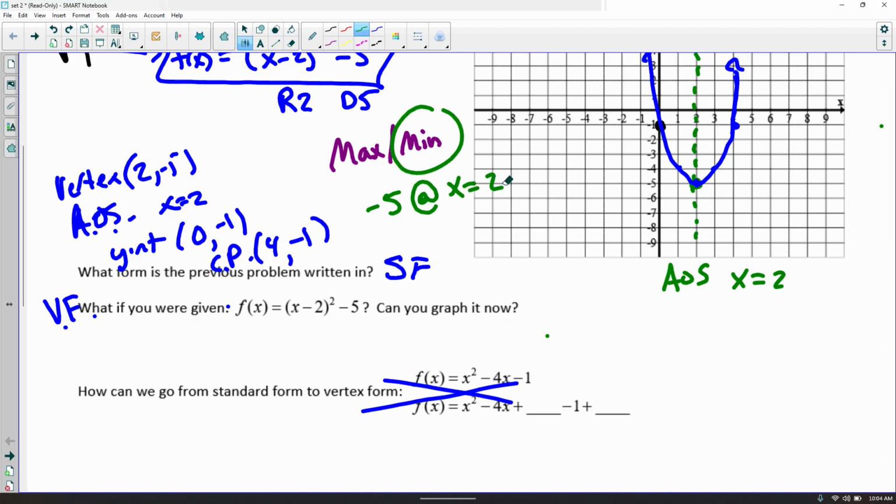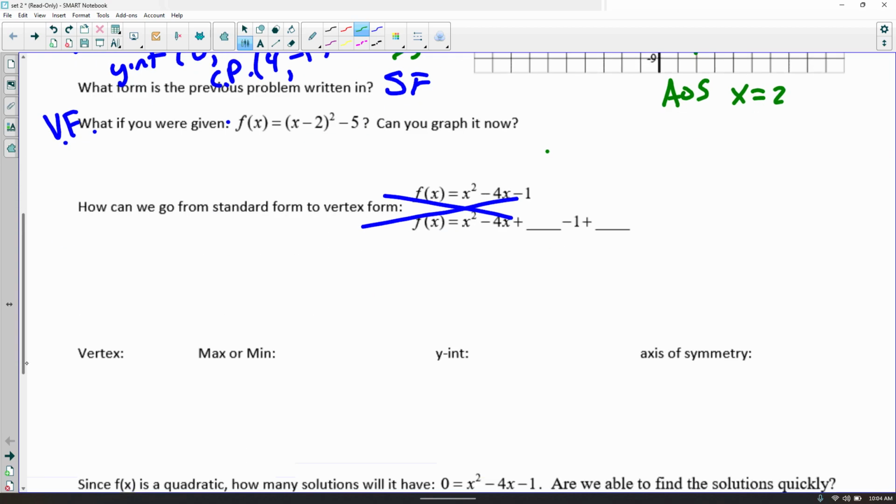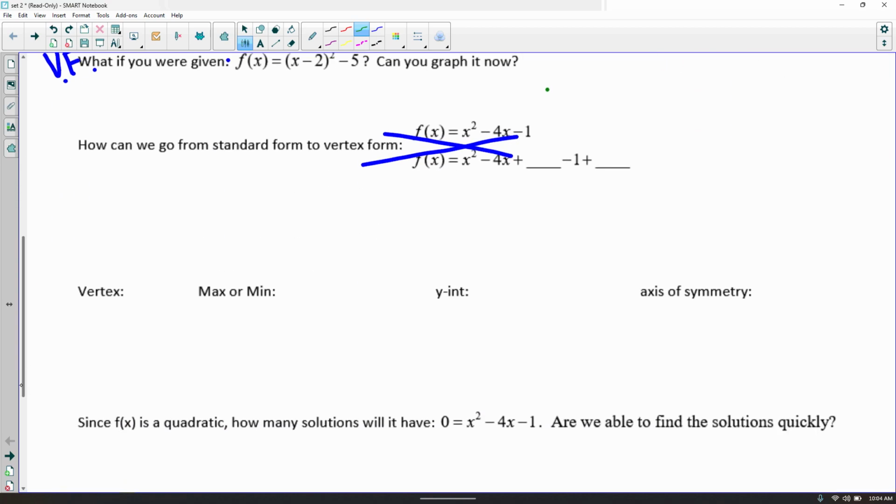So -5 at x equals 2. You can also say -5 on x equals 2, the axis of symmetry, if you don't want to write the little symbol. We didn't have domain and range, right?